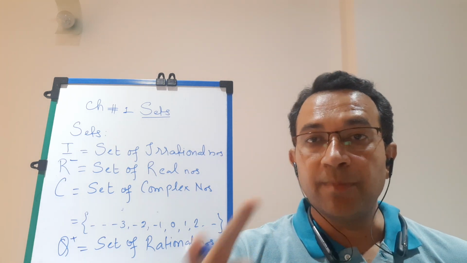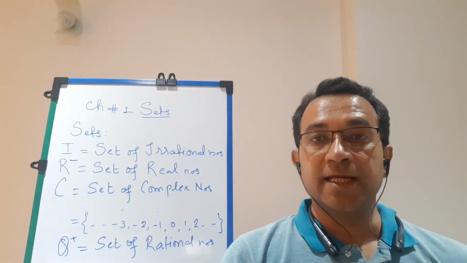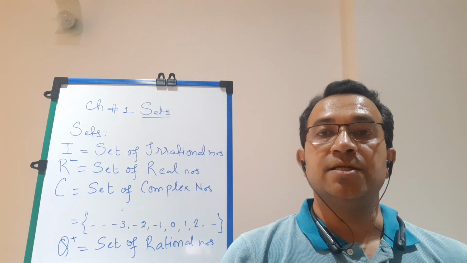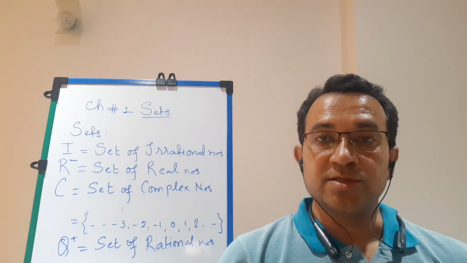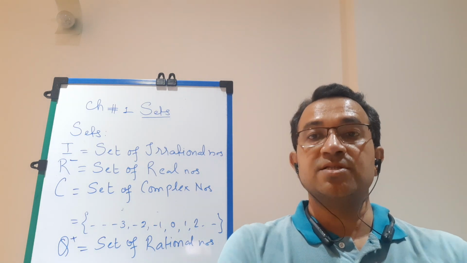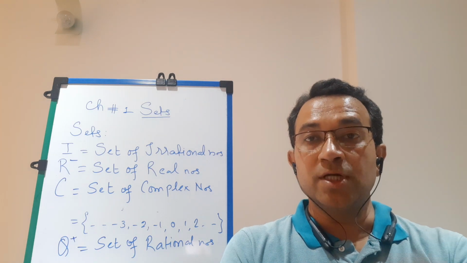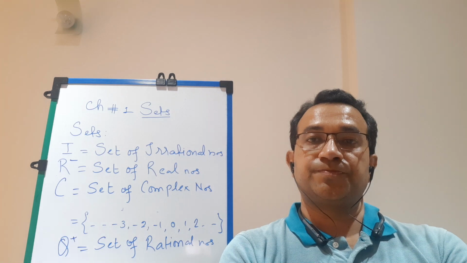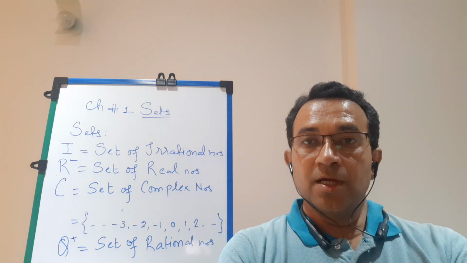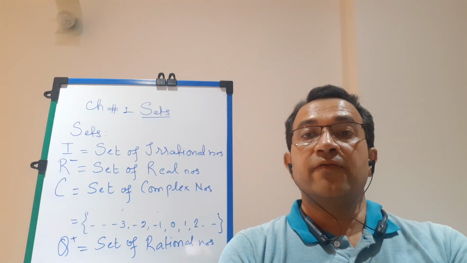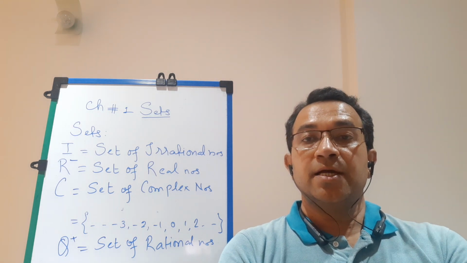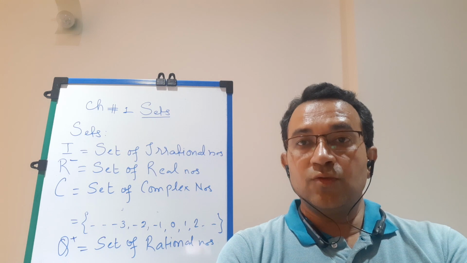If I write R minus, it indicates negative real numbers. If I write R plus, it indicates positive real numbers. So these symbols are used to limit the set as per the application. Clear, students?